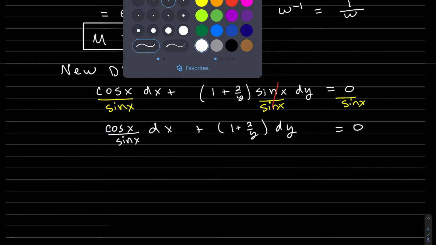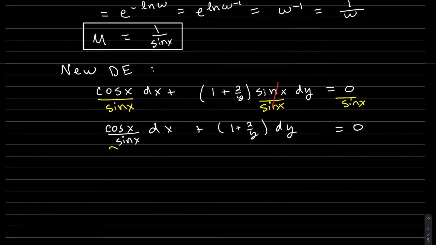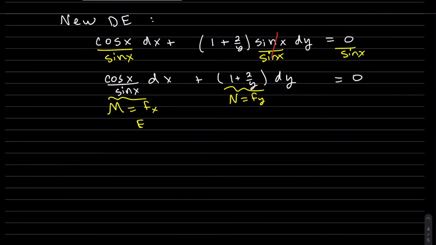So now, this is my new m, which is my f of x. This is my new n, which is my f of y. Is it exact now? We're going to find f of x y, which is m_y, which is equal to the derivative in terms of y.